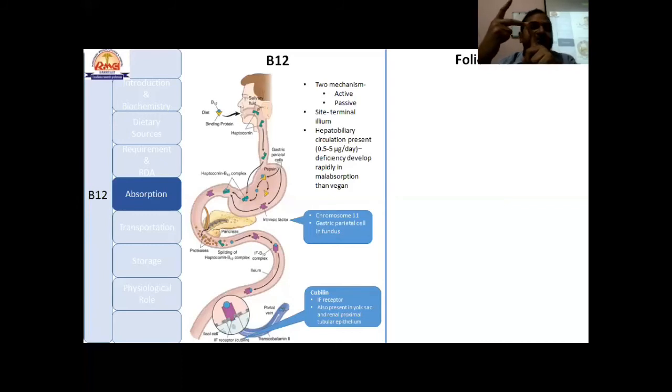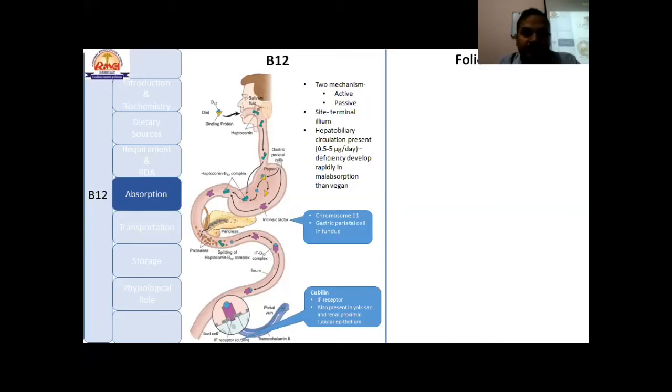Second is intrinsic factor from the parietal cells of the fundus of the stomach, and third is the terminal brush border epithelium having a receptor for this. This receptor is known as tubulin. Tubulin is the intrinsic factor receptor found inside the terminal ileum, which helps in absorption of the intrinsic factor B12 complex.